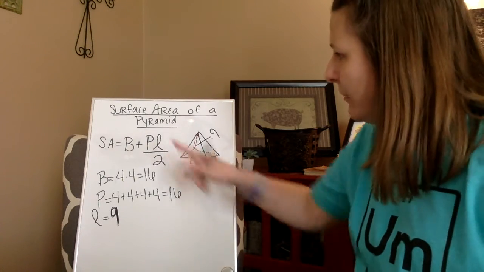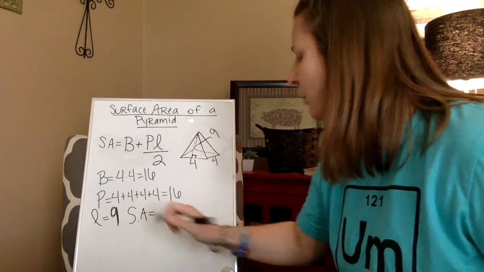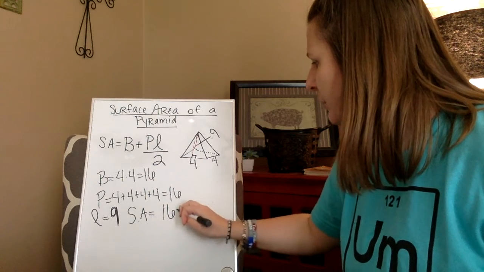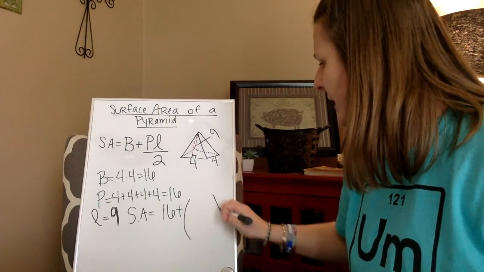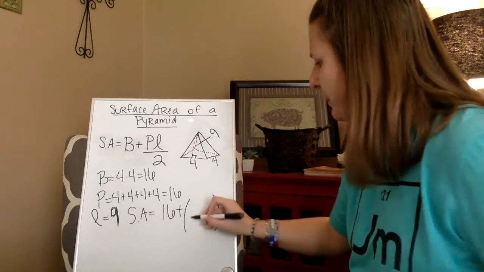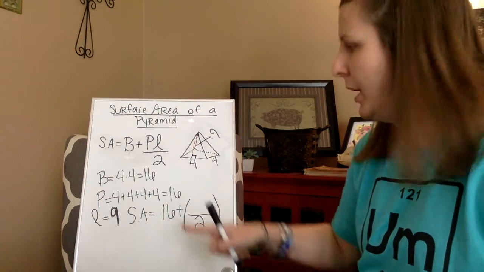So I'm going to find my surface area. Surface area equals big B. I've already found big B, which is 16, plus, I'm going to put this other side in parentheses, just so it's easier to work with. I do know that this whole thing is divided by 2.